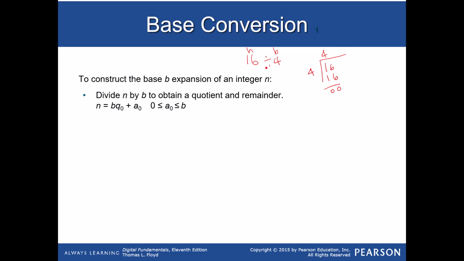If we were given, say, 17 divided by 4, let's do the same thing. We have 17 divided by 4, and we use 4 as the divisor, 16. But this time we notice something different. When you subtract, we have a remainder of 1. So this one is called the remainder.